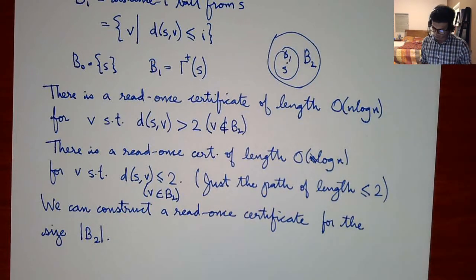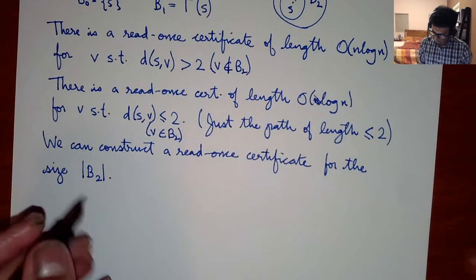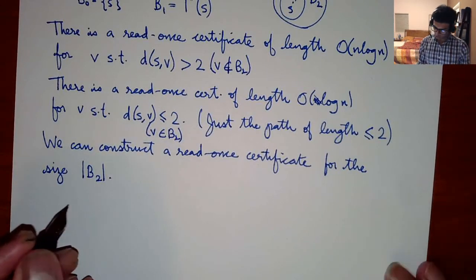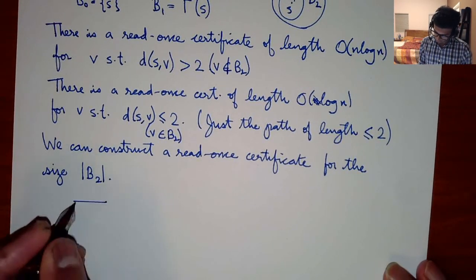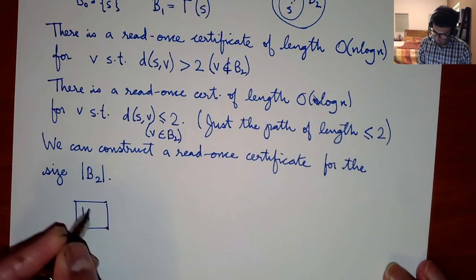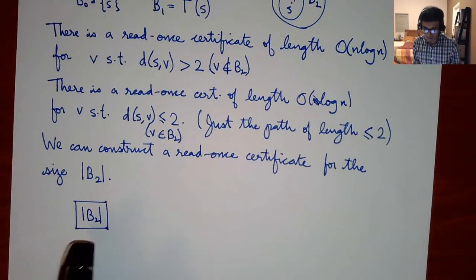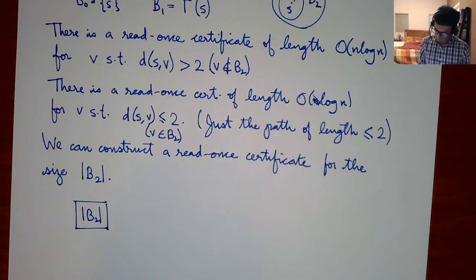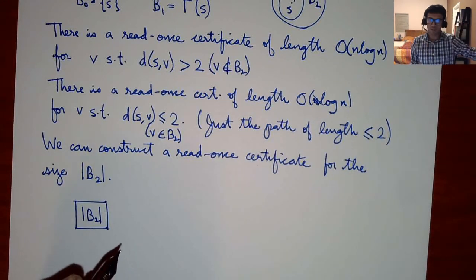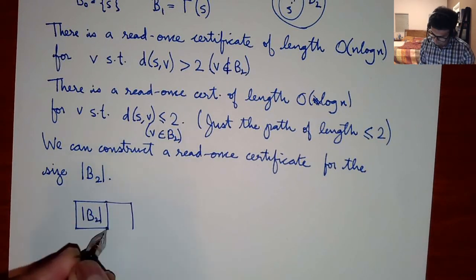How are we going to do that? So let me sort of draw out the certificate. The certificate is first going to contain the size of B2. I'm going to give a read once certificate that is going to convince a log space machine of the size of B2. Then it's going to number the vertices, all the vertices in order. So it's going to say, let's start with vertex 1.